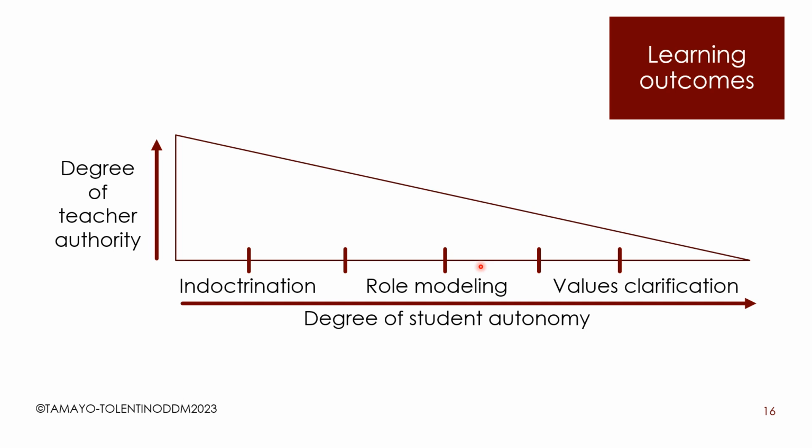We give them the autonomy in the hopes that we are able to inculcate the right attitude and behavior in them. We can see in this continuum that the degree of student autonomy increases as we go towards values clarification, and consequently the degree of teacher authority decreases.